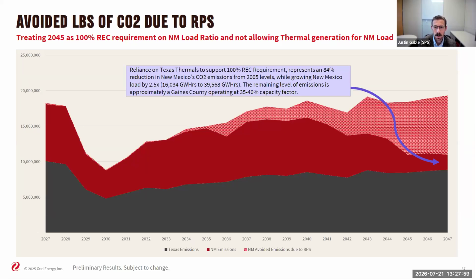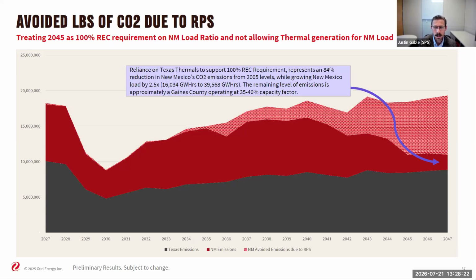Now, our approach was to look at it on a system-wide basis and make sure that the resource build to serve our Texas customers was compliant with their approaches. We also wanted to make sure that it was compliant with New Mexico approaches.